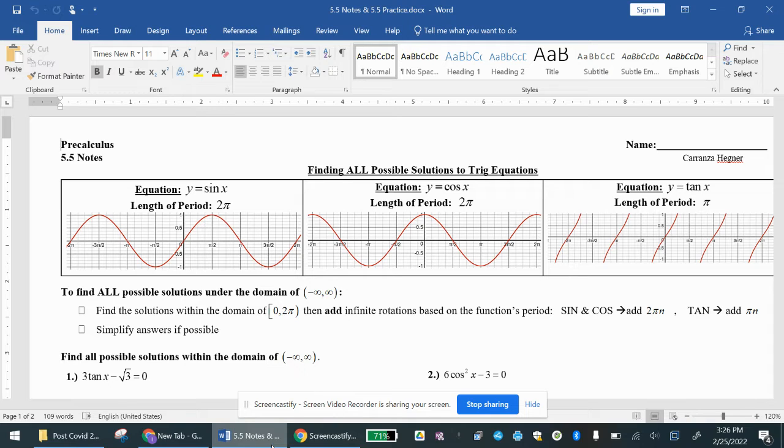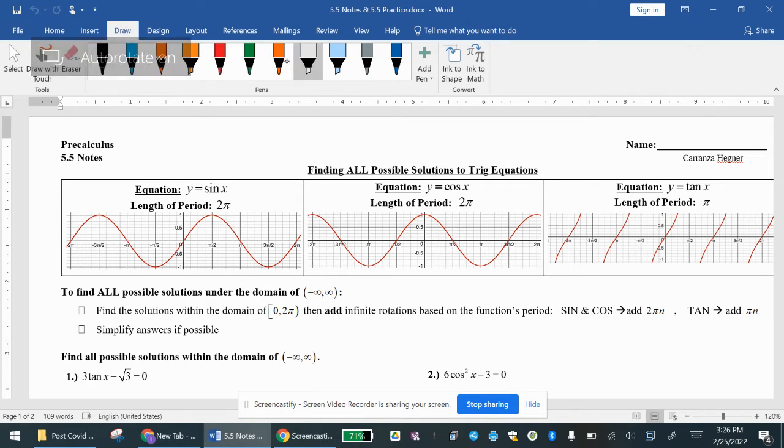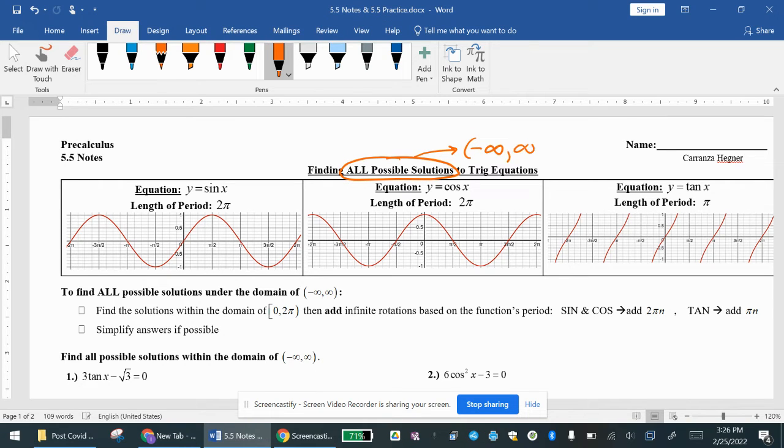So the main difference between this lesson and the other ones that we've done is that our domain now is going to be from negative infinity to positive infinity. So whenever you are asked to find all possible solutions, you have to assume that our domain is from negative infinity to positive infinity.